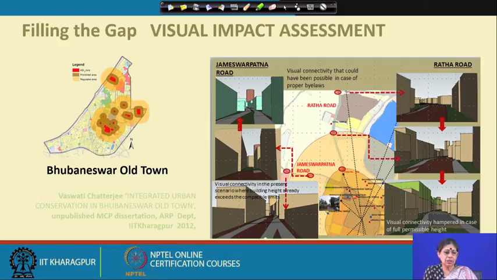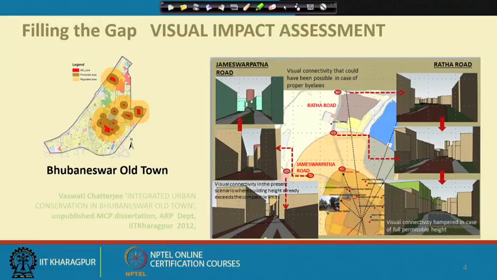Now, we discussed the visual integrity scale in Toronto, if you remember, and it is not just about looking at the elevation. When one moves in this city, there are certain important landmarks. For example, here is the Lingaraj temple, which is very important. Wherever you go, the Lingaraj temple structure is visible from that area.